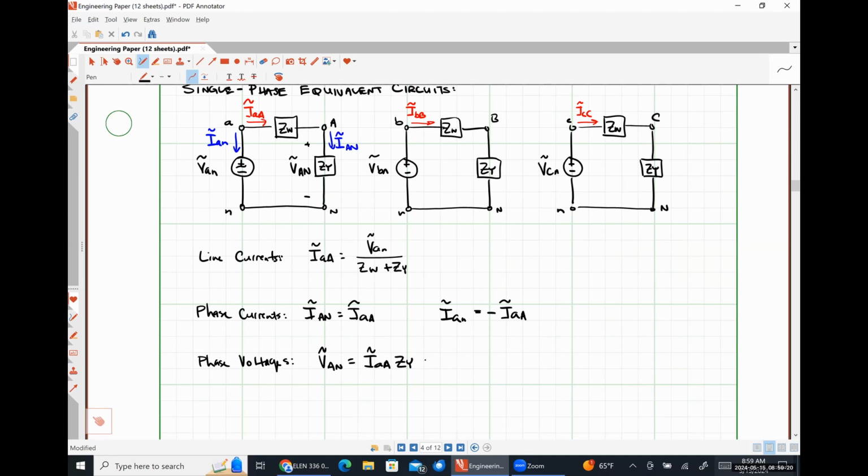Okay, I have no problem with that. If you wanted to do it directly without calculating the current, this looks like a voltage divider, so we could also just as easily say that it's going to be VAN times ZY over ZW plus ZY. Right? So we can use a single phase. They're the same thing. Yep, it could be that, but they're the same thing.